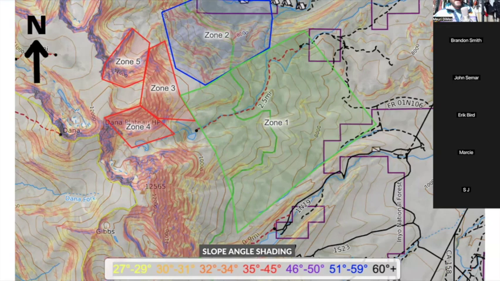So if we're talking moderate dry loose problem only below tree line, and then strong gale force winds up high, if I see that in the forecast, I'm going to go for zone one and maybe zone two, depending on what I see in zone one. Because zone one is less than 30 degrees. It is not where that wind problem is.